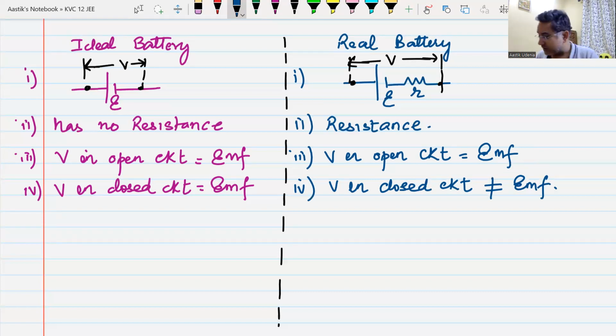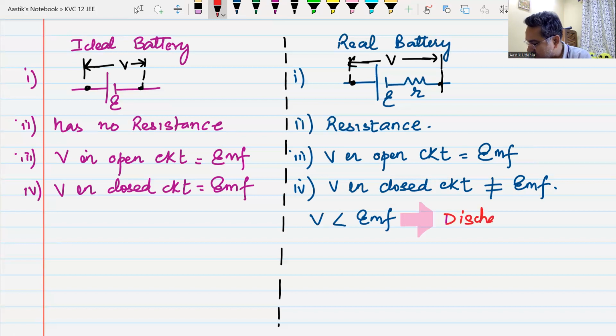Now, the question comes: if it is not equal to EMF, then will it be less than EMF or will it be more than EMF? V is less than EMF when the battery is getting discharged. When the battery is getting discharged, then V is less than your EMF.